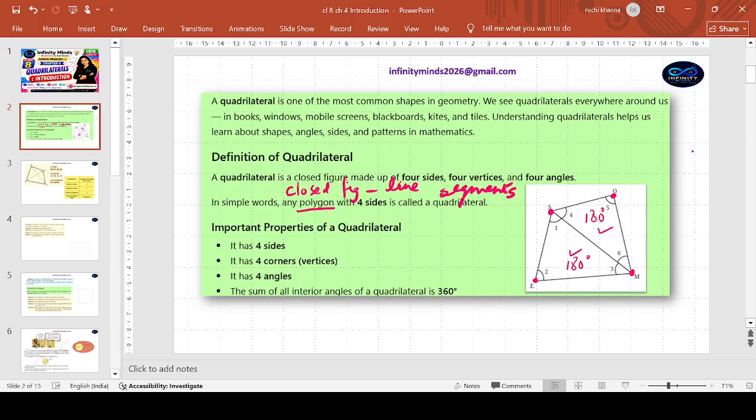Since a quadrilateral can be divided into two triangles, two 180 degrees add up to give you 360 degrees. This is one very simple way to understand how the angle sum property for a quadrilateral works out.